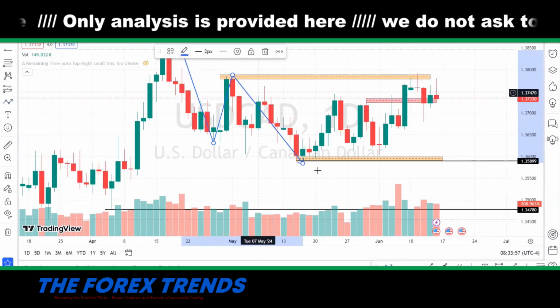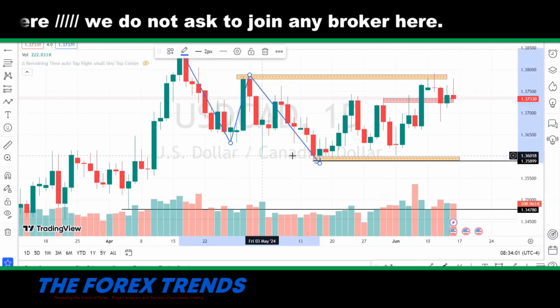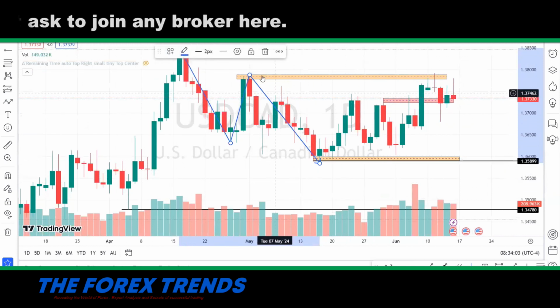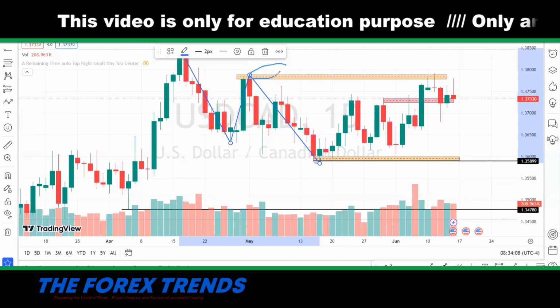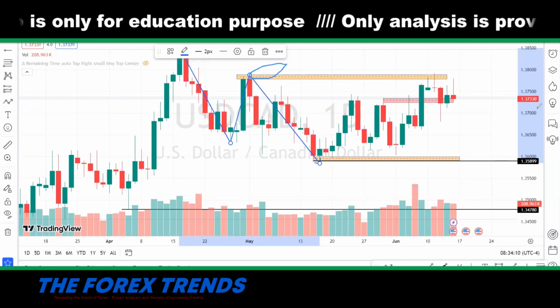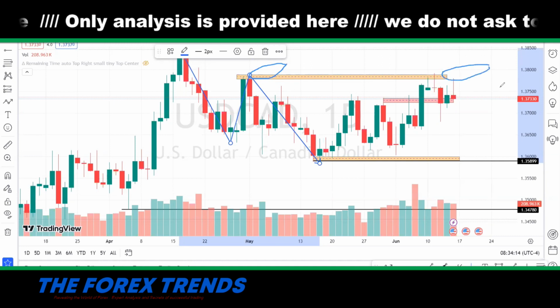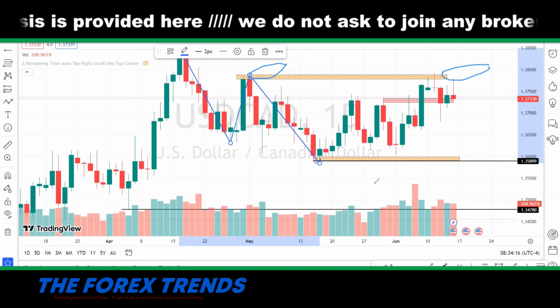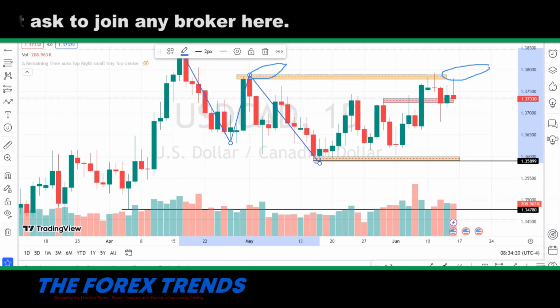This was the impulse, correction, impulse movement, and this is the last lower high. Until market breaks this lower high, we will remain bearish on USD CAD. But it creates another thing, that is internal structure.